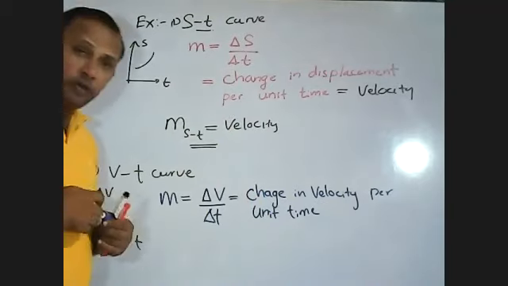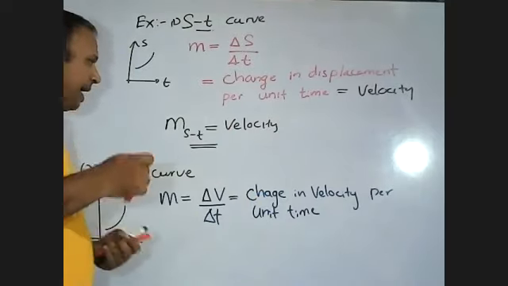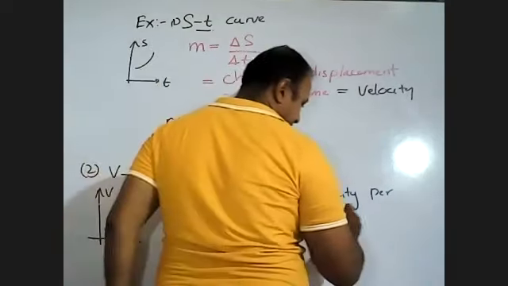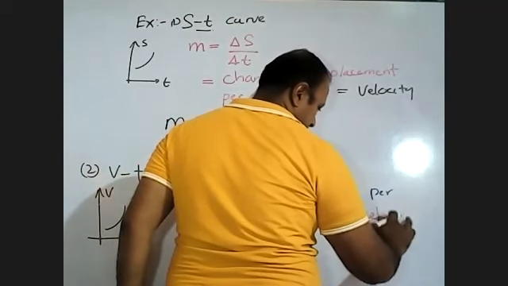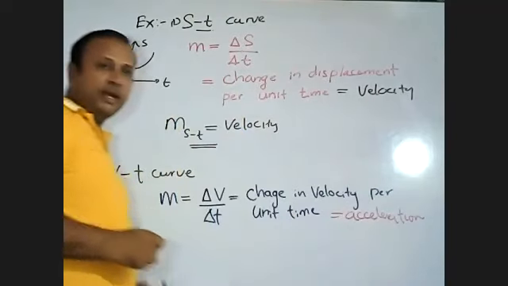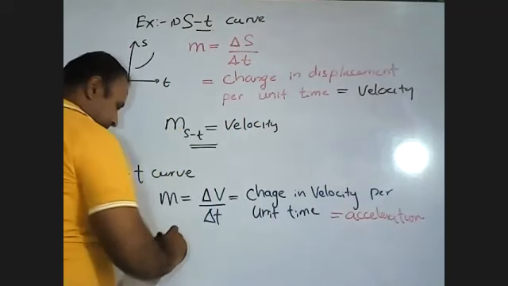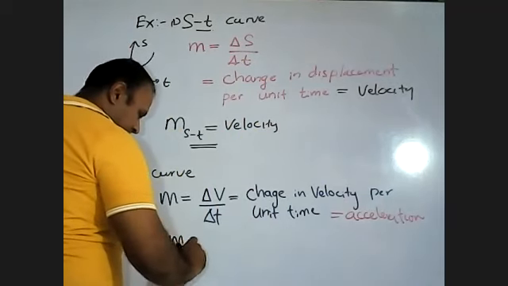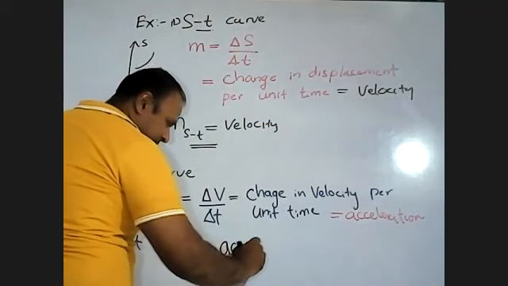Change in velocity per unit time means that it is equal to acceleration. Therefore, I can write that the gradient of the VT curve is equal to acceleration.